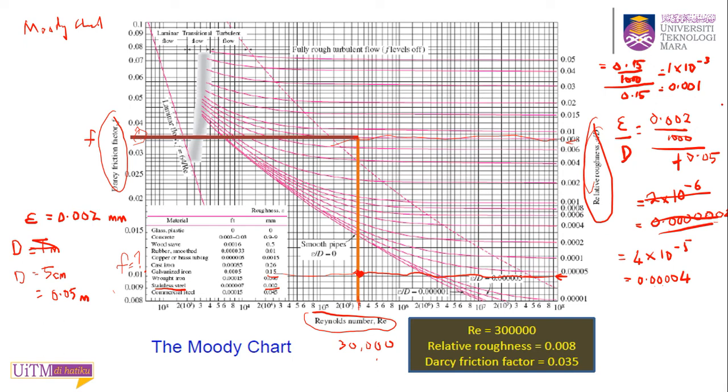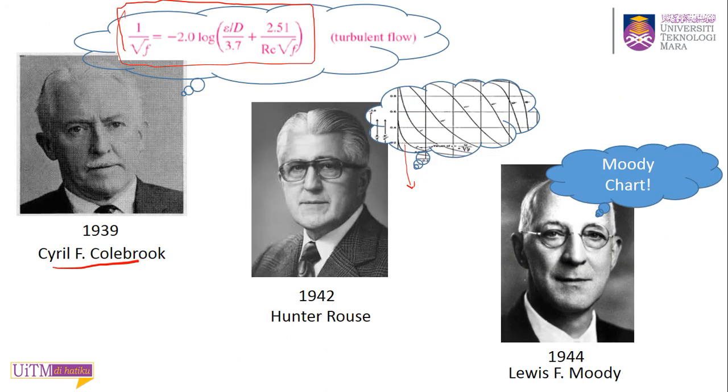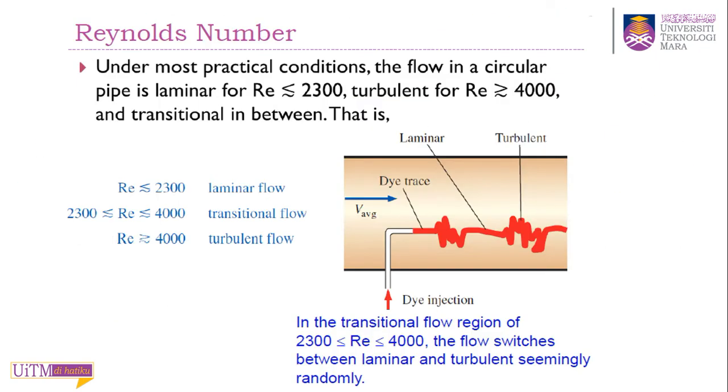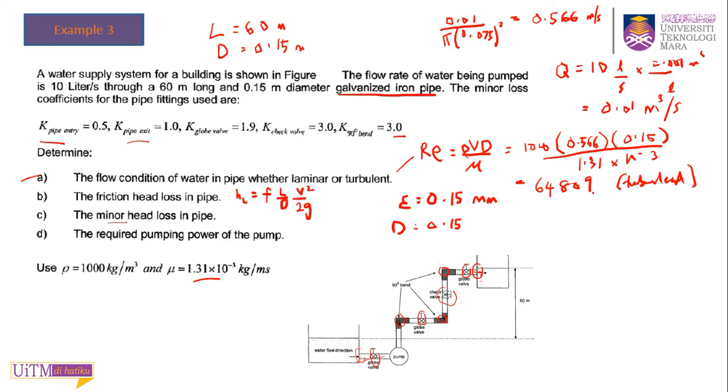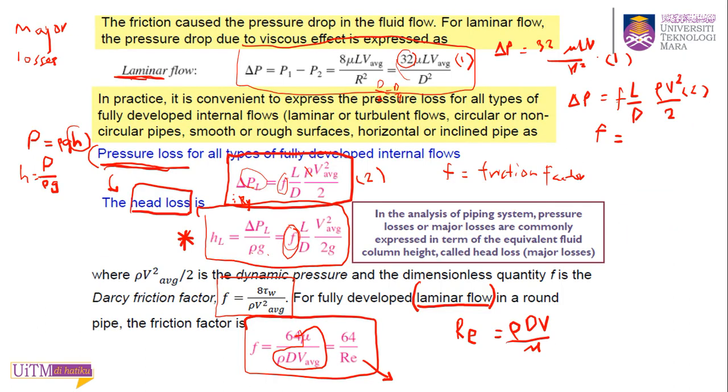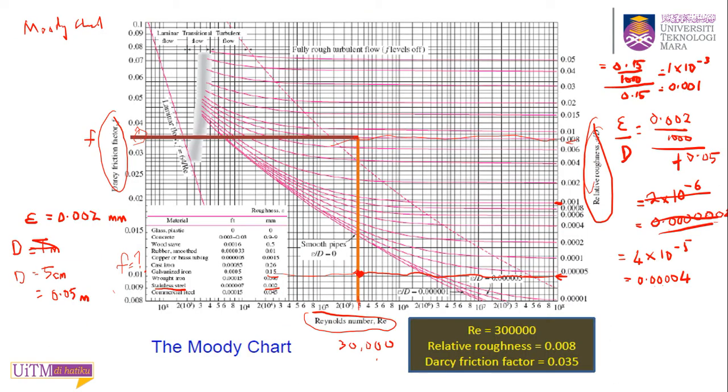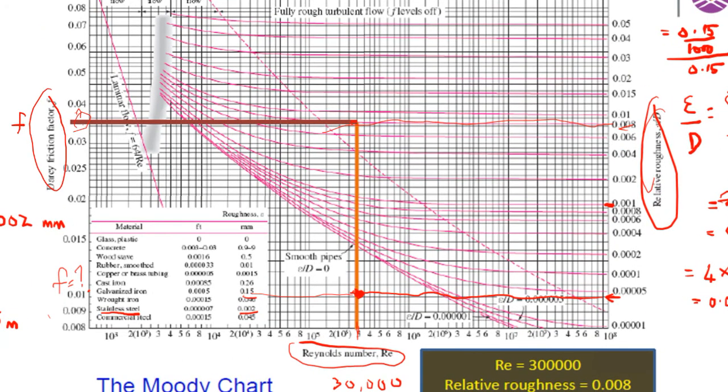Okay, so your 0.001 is here, and your Reynolds number you calculated is equal to 64,000. So this is 1, 2, 3, 4, so 6.5 times 10 to the power of 5. So you refer back to your Moody chart. 10 to the power of 5 is here, and it's 6.5. I zoom a bit.